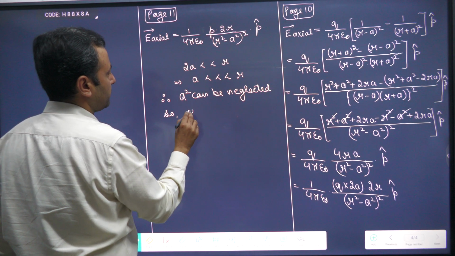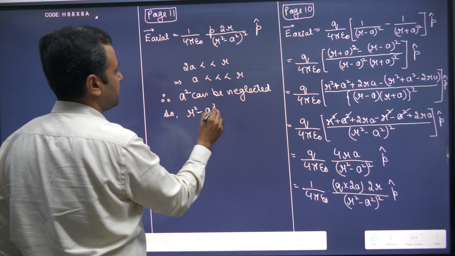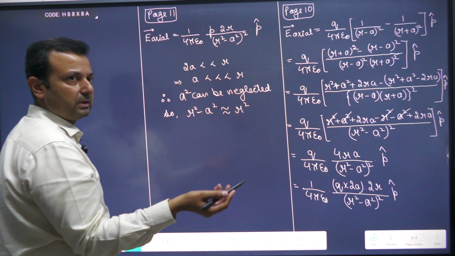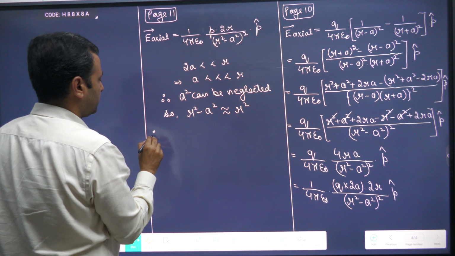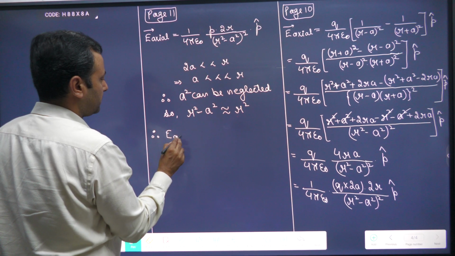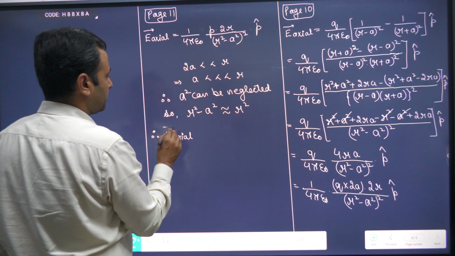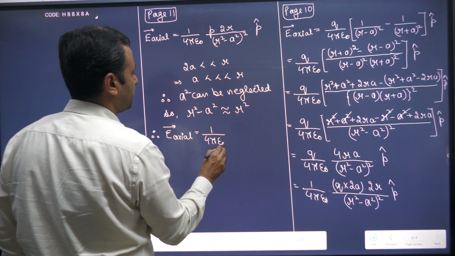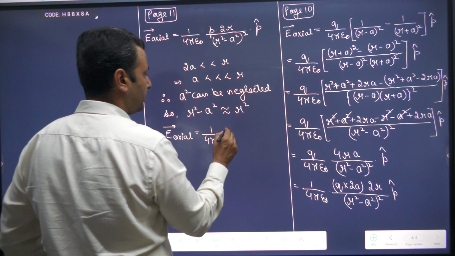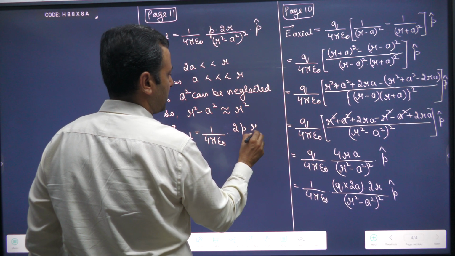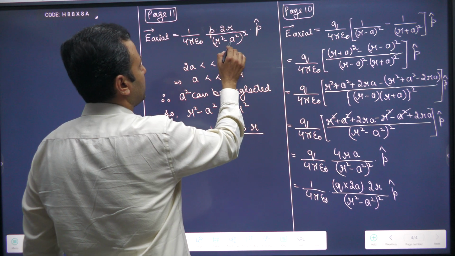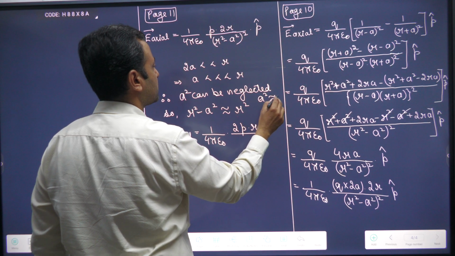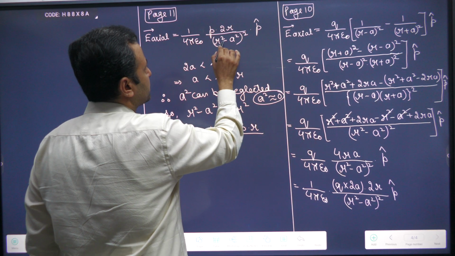So r square minus a square is approximately equal to r square. Therefore, E axial vector is equal to 1 upon 4 pi epsilon naught, 2 p r upon, a square is neglected, meaning a square is approximately equal to 0, so r square's whole square.